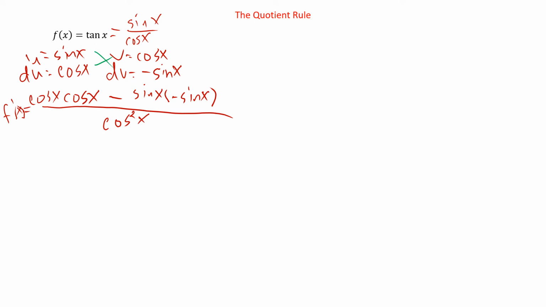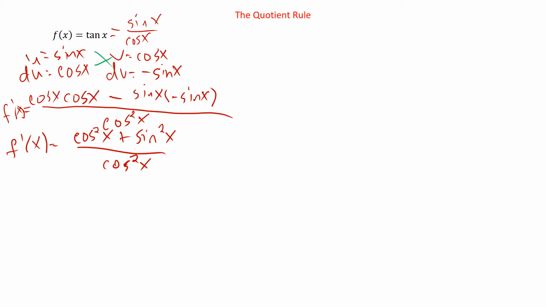We could simplify this. F prime of x equals cosine squared x, and then multiplying, that'll be a plus sine squared x over cosine squared x. And I know right now the one thing that you are not going to do is try and cancel those cosine squareds, because that would be a horrible thing to do.